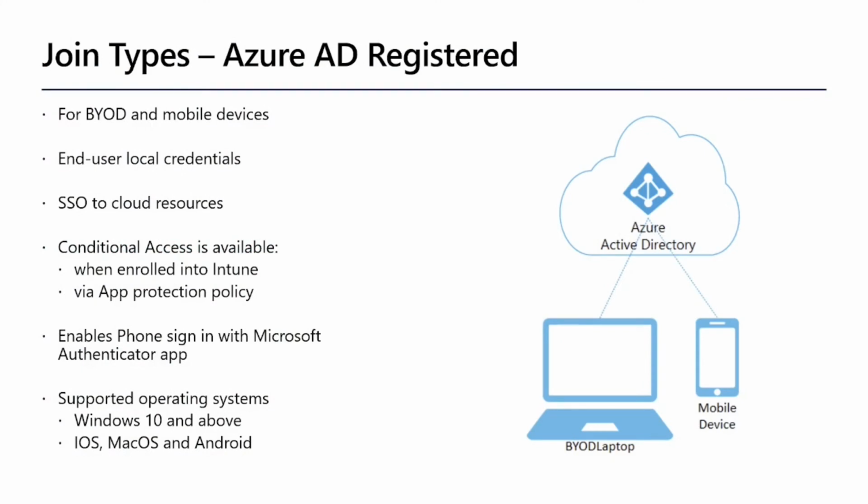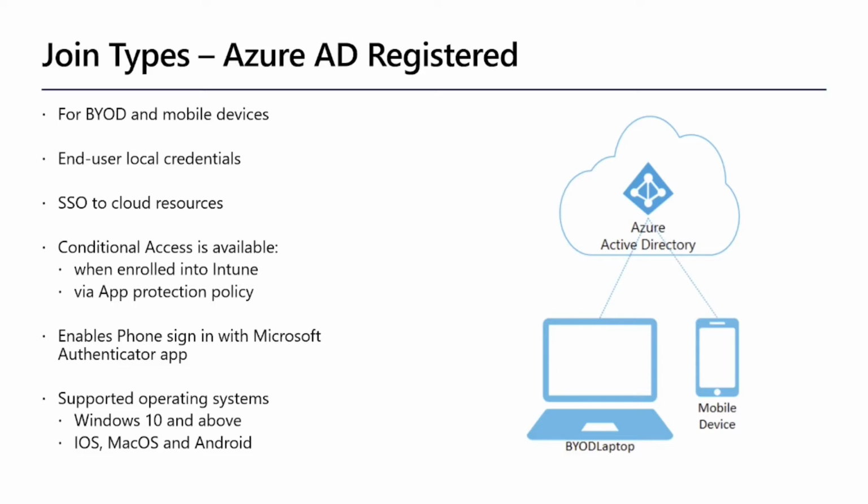The first join type is Azure AD Registered, and this is for bring your own device and for mobile devices. In this join type, users will be able to unlock their devices using local credentials, and also they will be able to have single sign-on experience to cloud services.